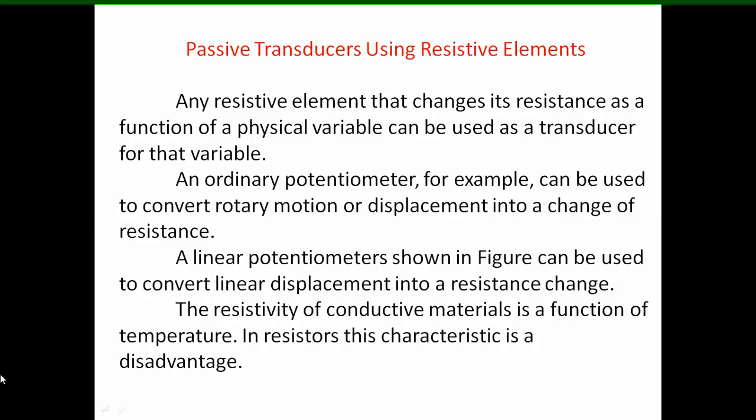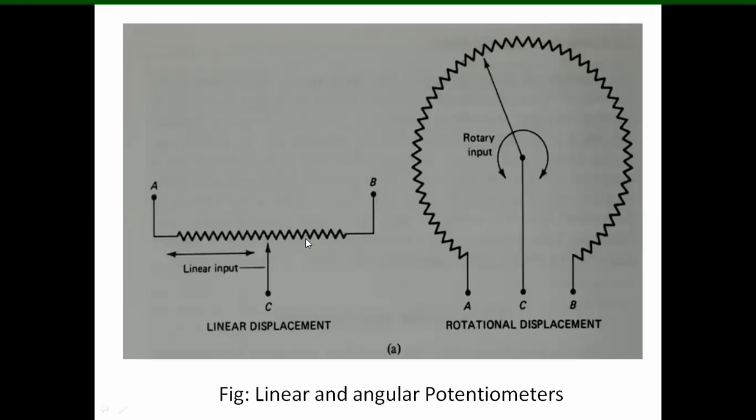So generally, a very simple passive transducer is a potentiometer. An ordinary potentiometer can be used to convert rotary motion or displacement into a change of resistance. If you consider a potentiometer, there are two types: the linear potentiometer and the angular potentiometer.